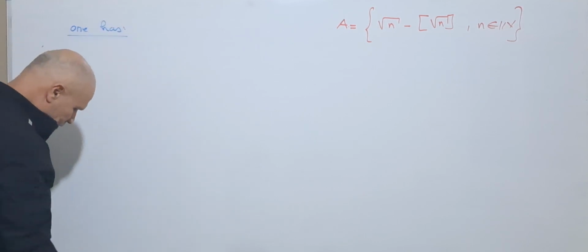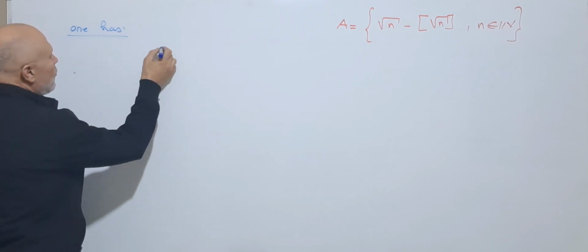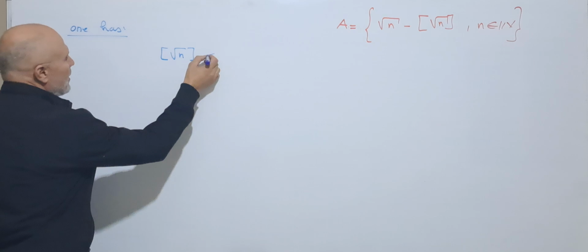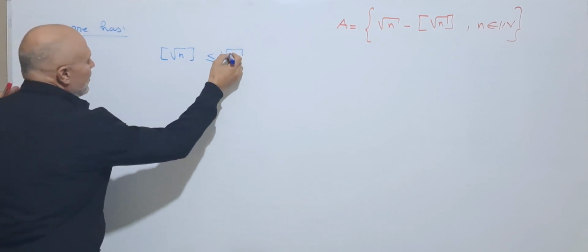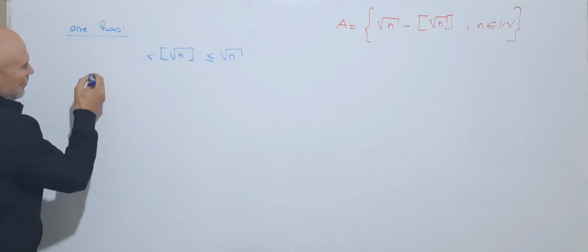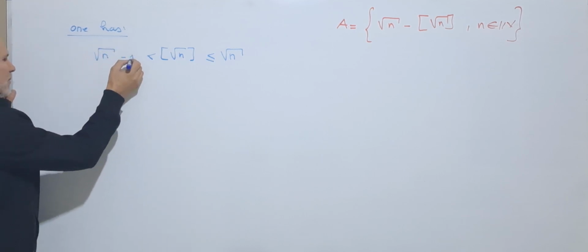By the definition of the integer part, the integer part of the square root of n is less than or equal to the square root of n and is strictly greater than the square root of n minus 1.